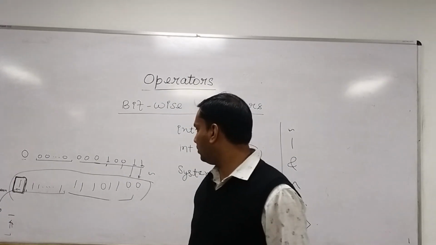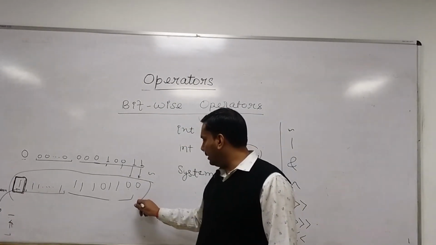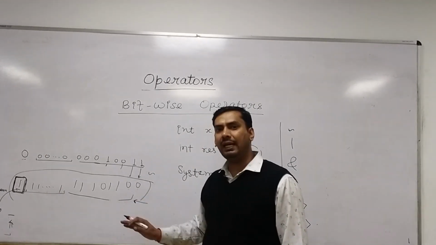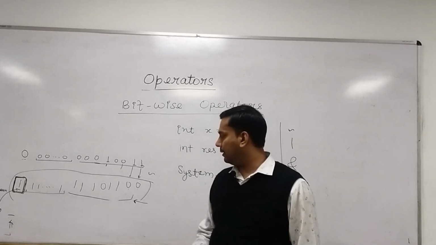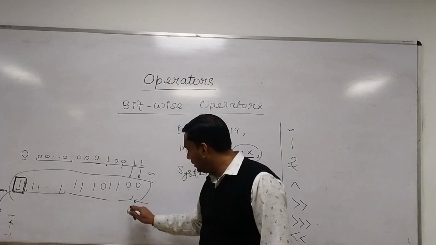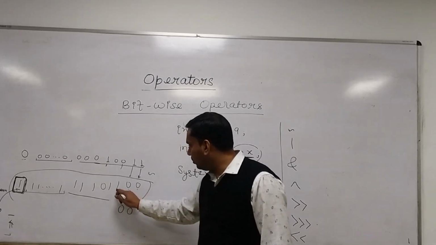So how will you take the 2's complement? 2's complement is very easy. You have to read the number from right to left and copy the bits as they are until you get the first one, right? So you got a 0 here, copy it as it is. Then again you got a 0 here, copy it as it is. Then you got a 1.